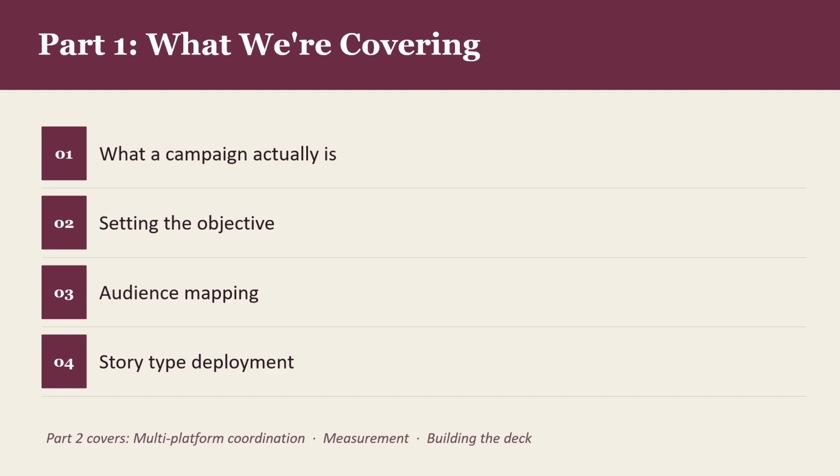You need to get these right, and then the rest of your campaign will follow. Get them wrong, and you're doomed. Not to be hyperbolic. Anyhow, section 4 is where the story types become operational, not just categories, but a sequencing framework for moving an audience from where they are to where you need them to be.